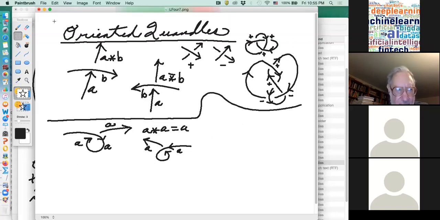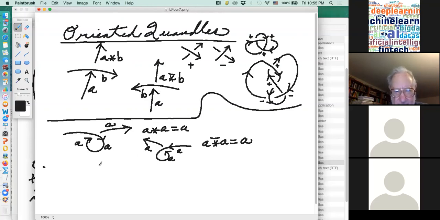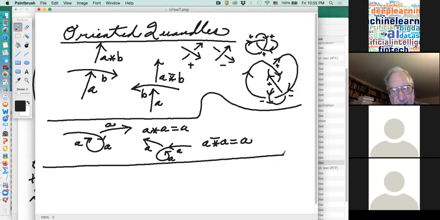But you see, if I had a crossing like this coming up and meeting it going to the left, and it's A, and it's A, and this would be A star A, so I want this. But this says A star bar A is equal to A. So I need these 2 facts. That I certainly need. And what about the Reidemeister 2 situation?